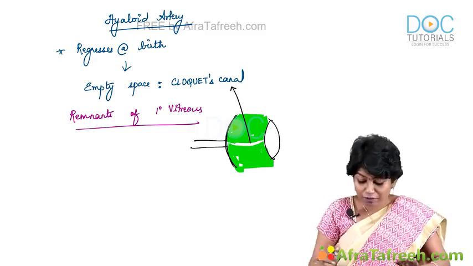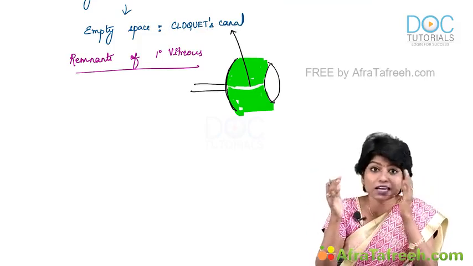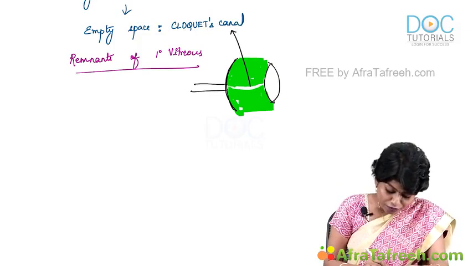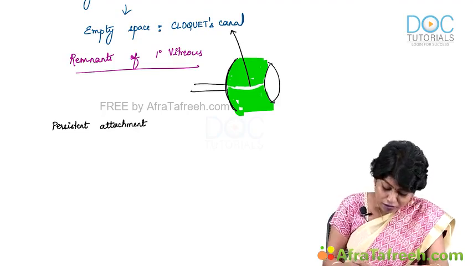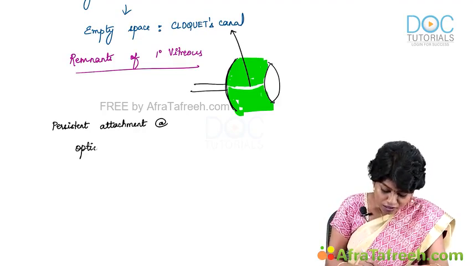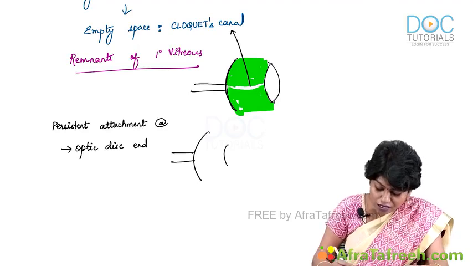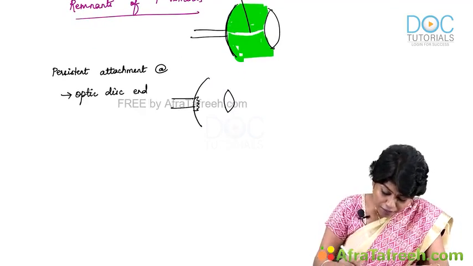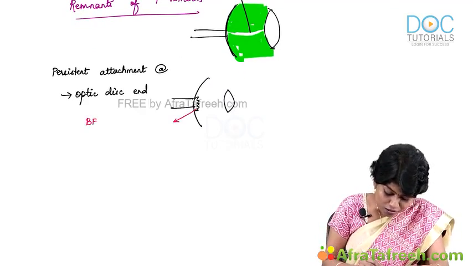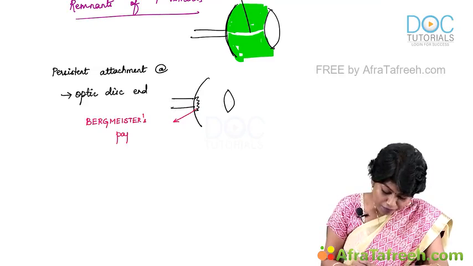Now, sometimes the attachment on either the lens side or the optic disc side can persist. If there is a persistent attachment at the optic disc end, what is it called? You are going to see some attachment here. This is called Bergmeister's papilla.